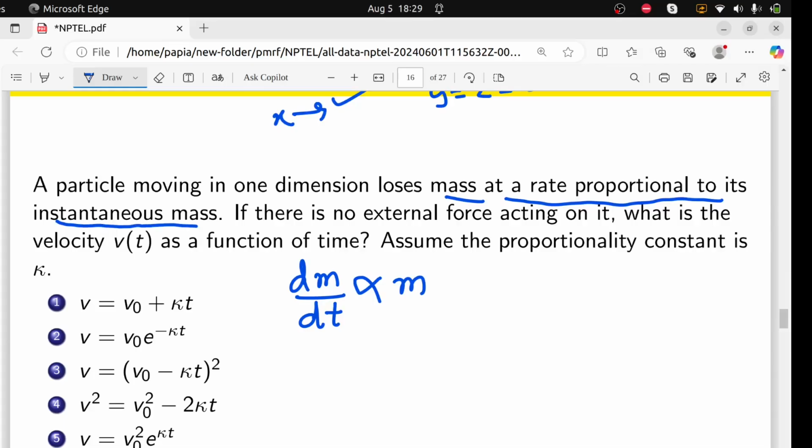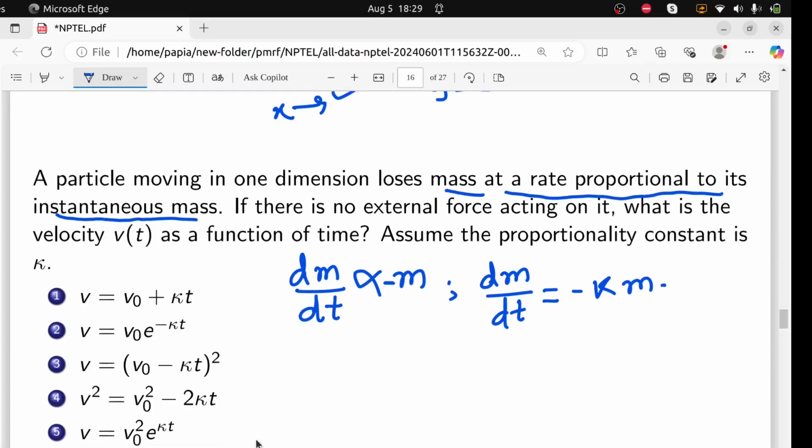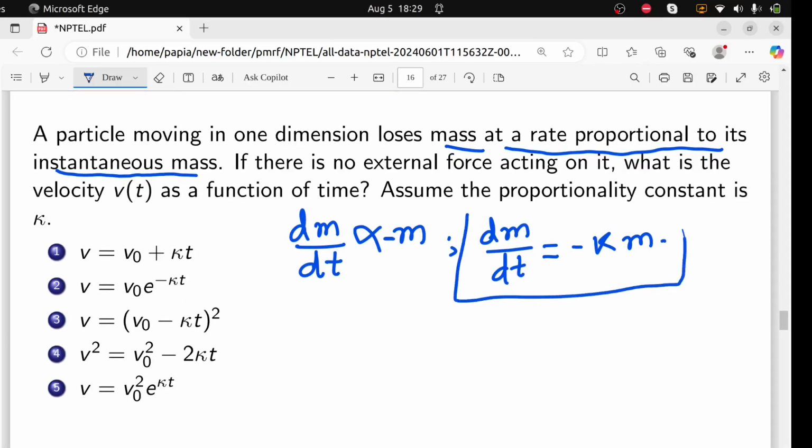Actually, if it loses, that means I have to write a minus sign here, because the value is getting decreased, right? So dm dt is equal to minus km. Okay? So dm dt equals minus km, this expression I got.